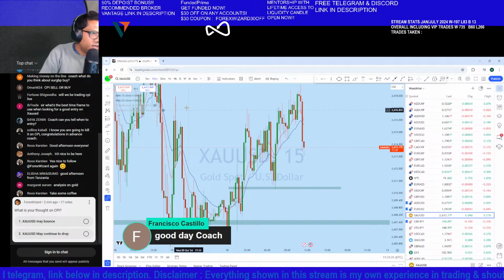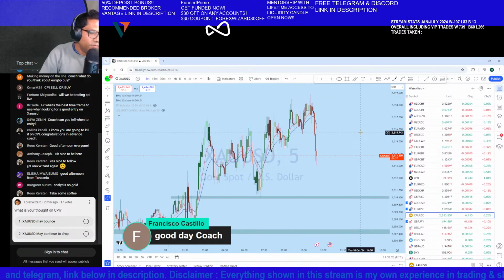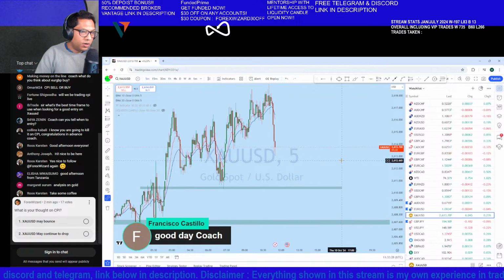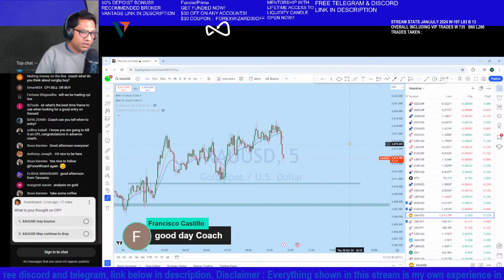okay, so we might see that the market is coming back to that support level. If it dropped to that support, then we might look for entry to the upside on XAU USD.